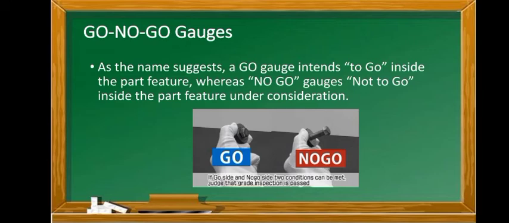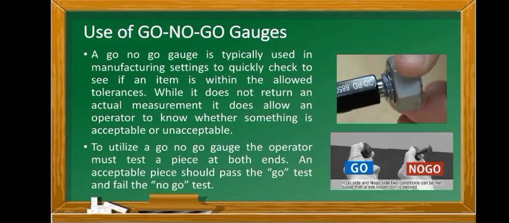As the name suggests, a go gauge is intended to go inside the part feature, whereas a no-go gauge is not to go inside the part feature under consideration. So one gauge is made to the maximum and the other to the minimum permissible size.